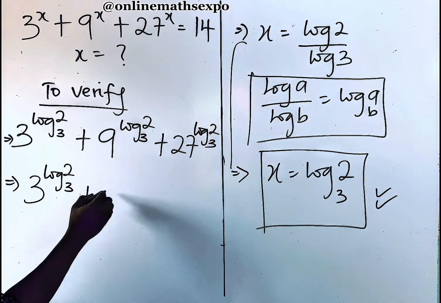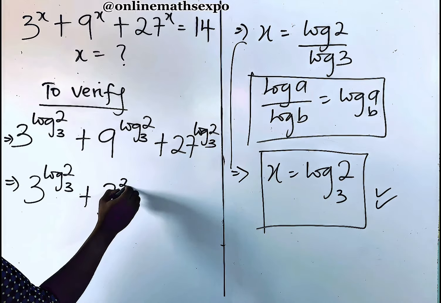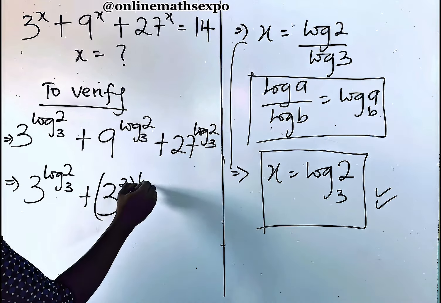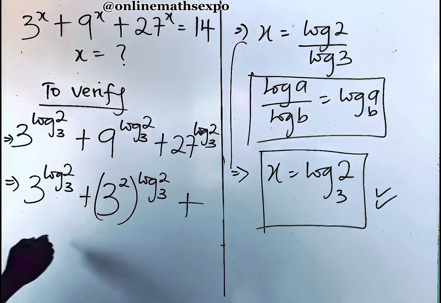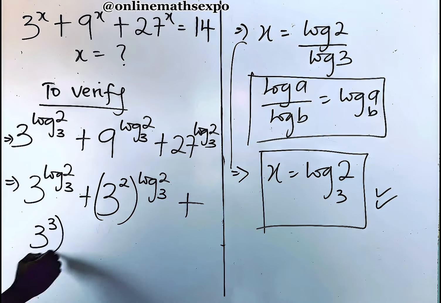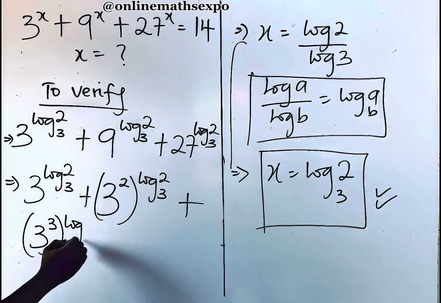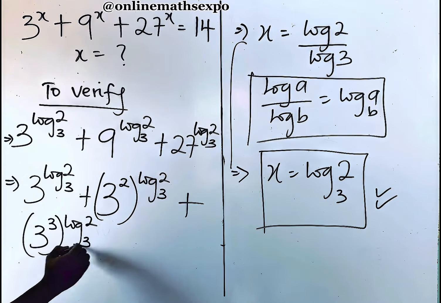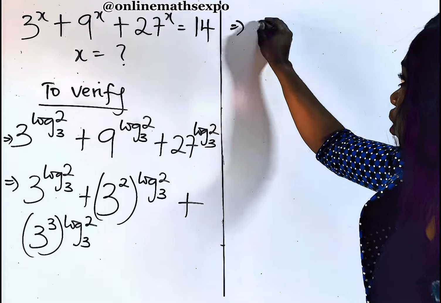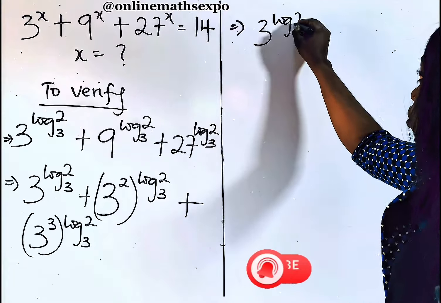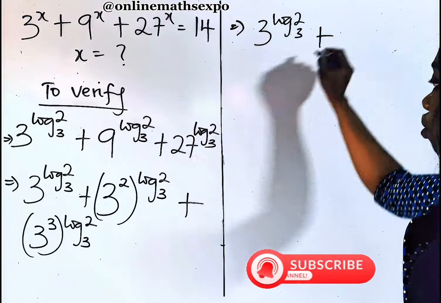Remember, we said 9 is 3 raised to power of 2 and is raised to power of log of 2 base 3 plus, this is the same as 3 cubed raised to power of log of 2 base 3.